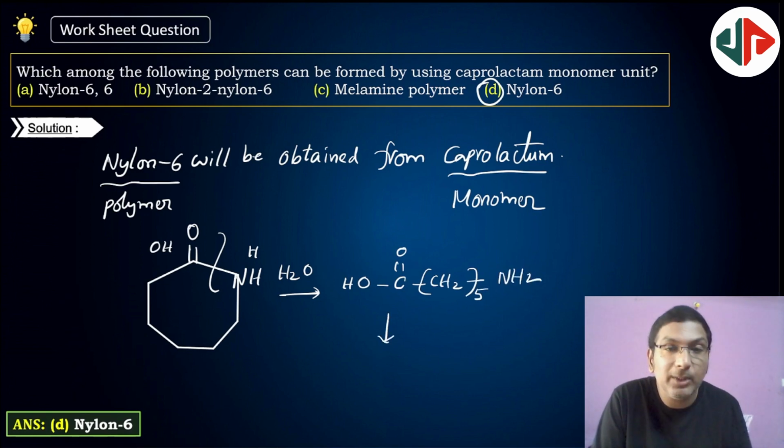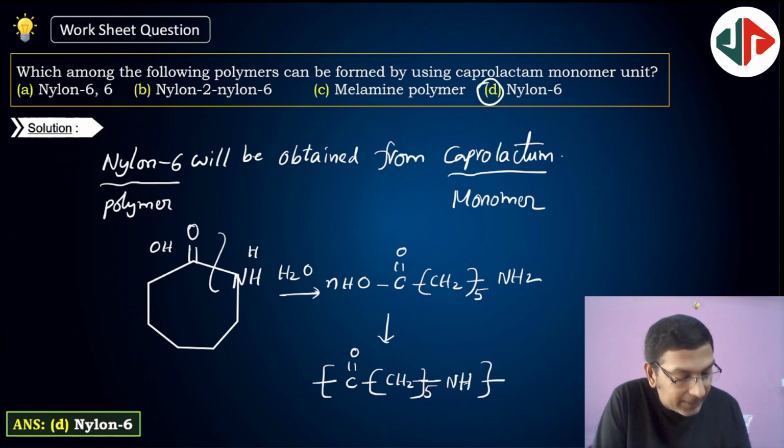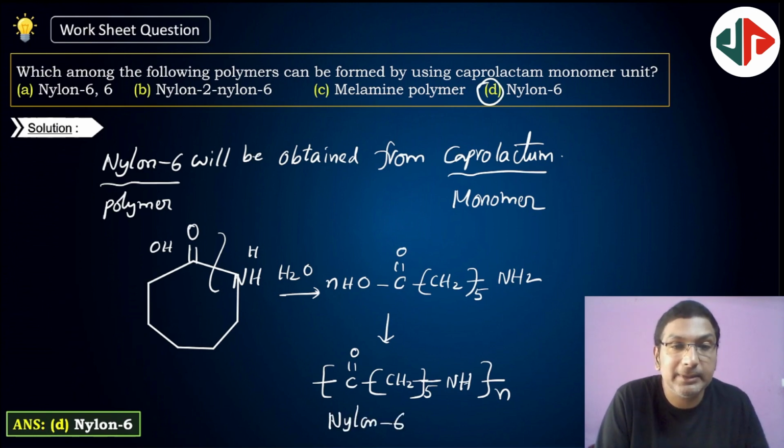On polymerization, taking n moles, CO, CH2 five times, NH, with repeating unit n, which is nylon 6. 6 indicates the number of carbon atoms. Therefore D.